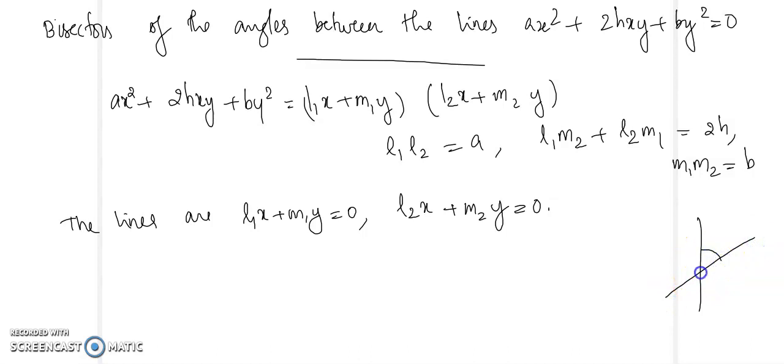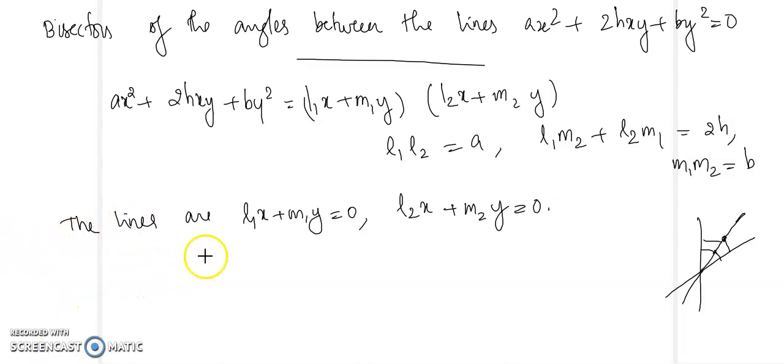Now if xy is any point on this line, take the shortest distance from that point to this line and to this line. Then these two distances will be equal. So that will give us this equation.